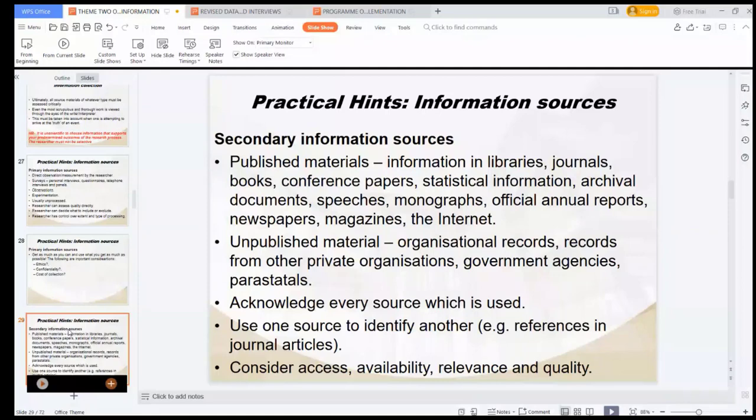I have to caution that when we are reading, you might find that another author of a journal has cited another author. It is, to me, very dangerous to use that information which was cited by somebody without having read it, because it doesn't become a secondary source to me.